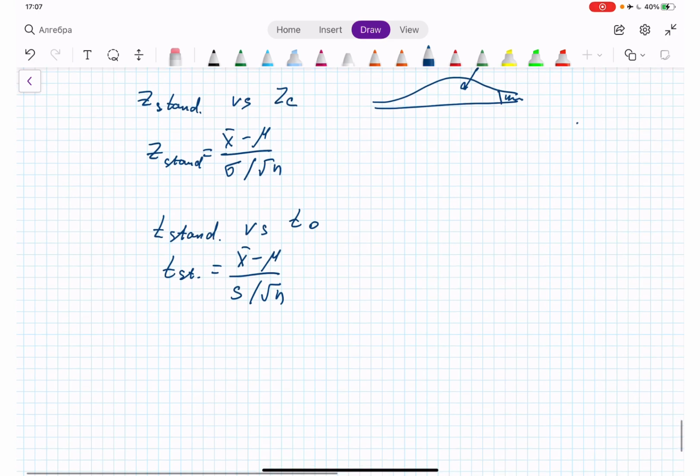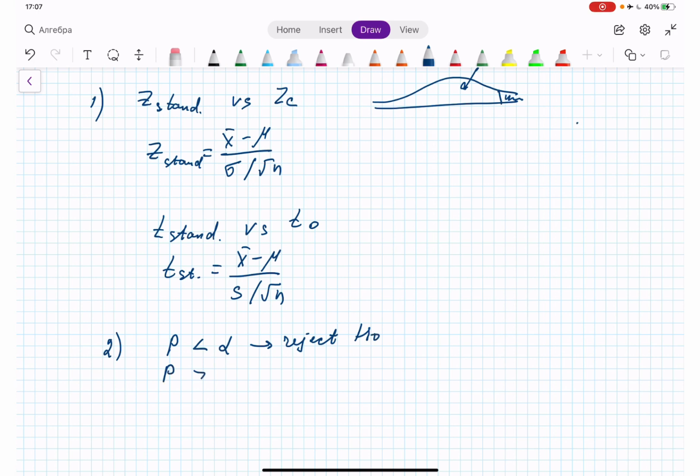This is the first method. The next method is that we can make a decision about the hypothesis test based on the p-value. If p-value is less than alpha, which is the level of significance, then we reject the null hypothesis.